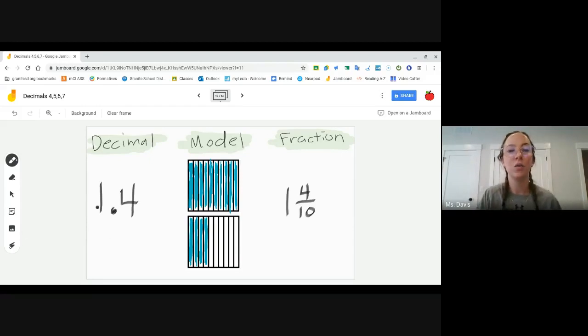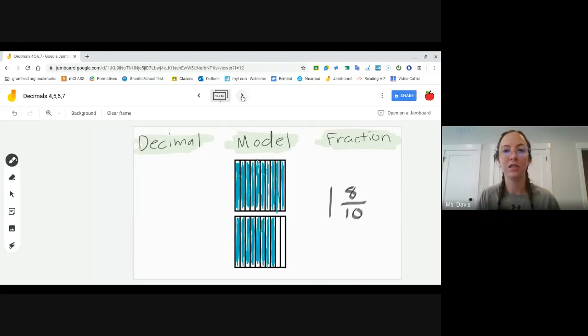This is 1 and, I say and when I get to the decimal. That's how you read it. 1 and 4/10. This decimal, if I read it, sounds the exact same as if I were to read the fraction, which is the exact same as if I were to read this model. That's how you know you got it right.